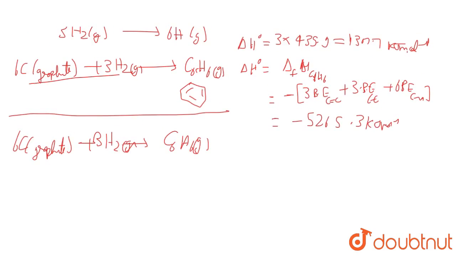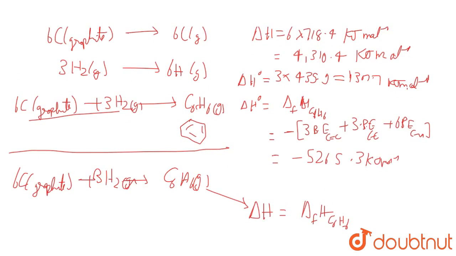And if we find the net enthalpy change of this, that would indeed be equal to that heat of formation of C6H6 only. So the enthalpy of this equation would be the sum of all three, because we have done the addition for all three.